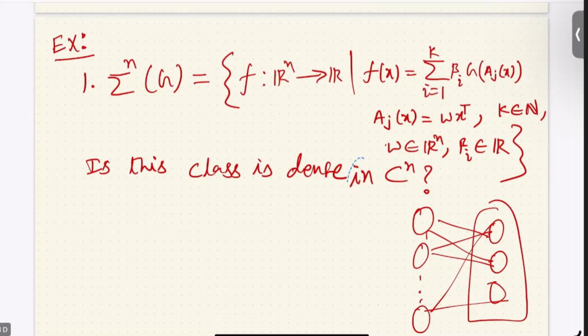This will give you a lot of exercise and a lot of thinking. Actually, what happens if you remove the bias? Okay, this is the first question: is this class dense in C^n?